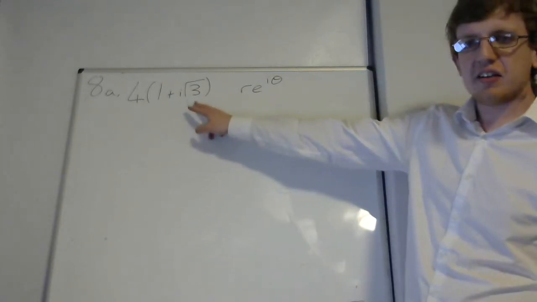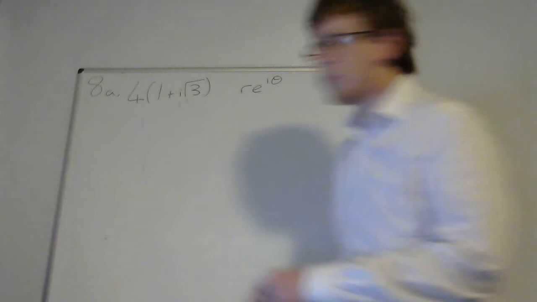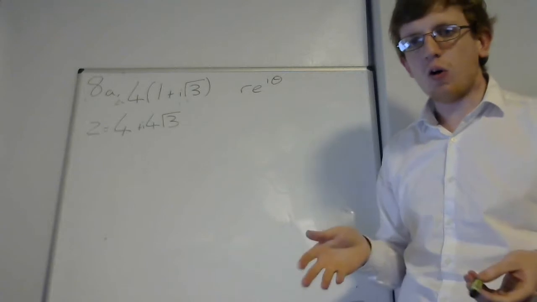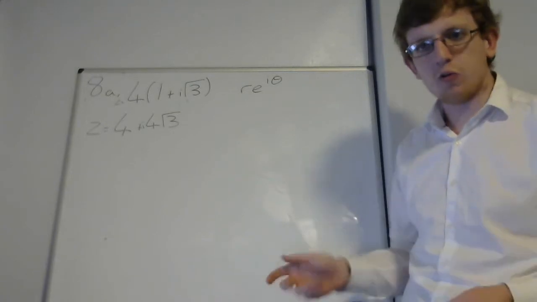Let's draw this on the Argand diagram to see what's going on here. So I'll call it Z. If we expand Z, Z equals 4 plus i4 root 3. So the real part is 4 and the imaginary part is 4 root 3.